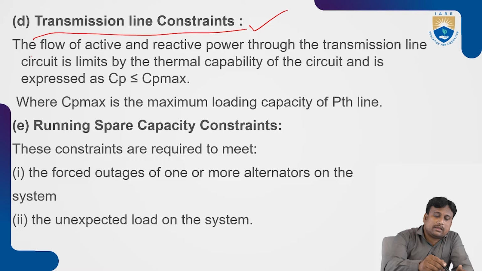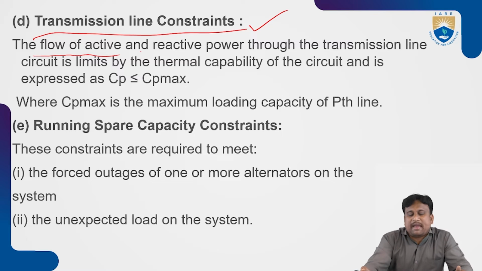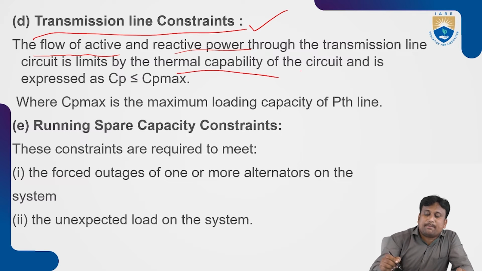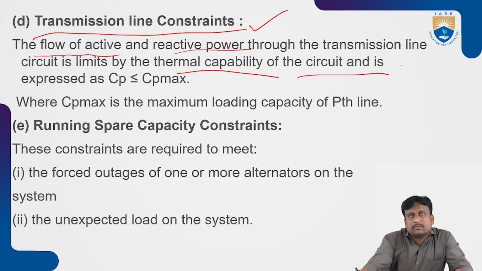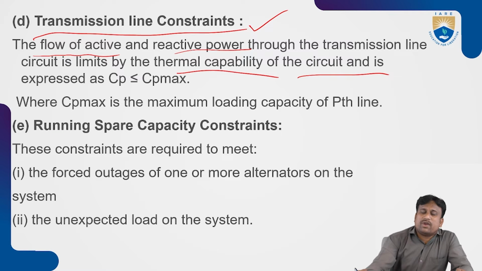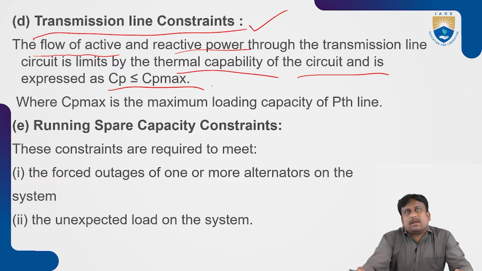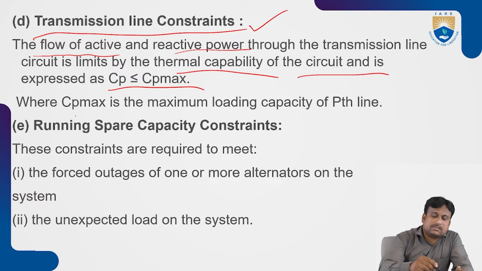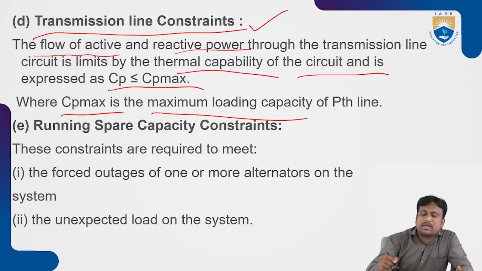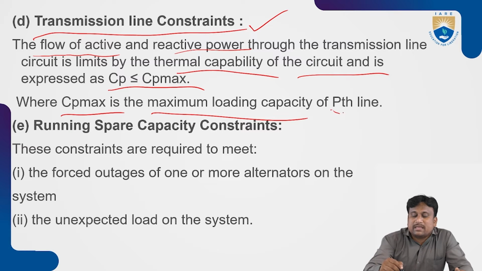In the transmission line, the flow of active and reactive power is limited by the thermal capability of the circuit. We can express this as Cp less than or equal to Cp max. What is this Cp max? It means the maximum loading capability of the pth line.